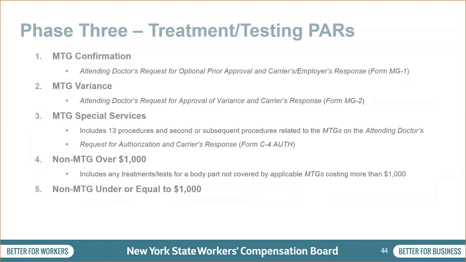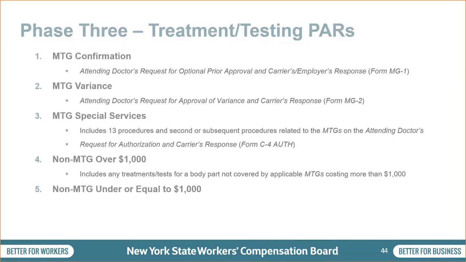The PAR types for treatment and testing will be implemented in Phase 3. OBLR will use the information that healthcare providers enter to determine which type of PAR needs to be submitted. MTG confirmation PARs will be used to request confirmation from the insurer that the procedure or test is based on a correct application of the MTGs, which was previously done using the attending doctor's request for optional prior approval and carrier/employer's response, Form MG1.